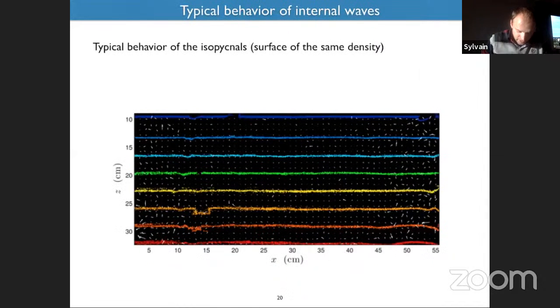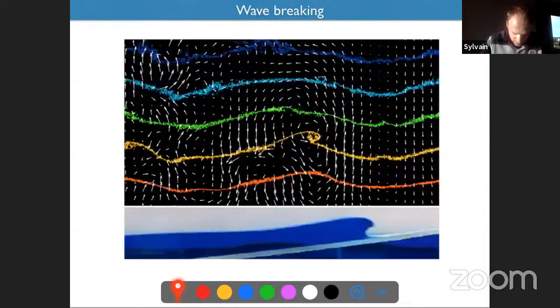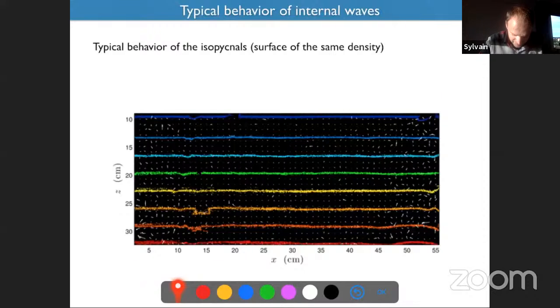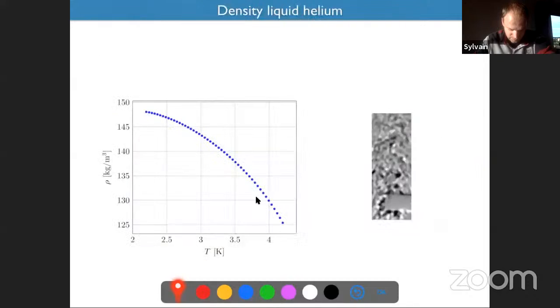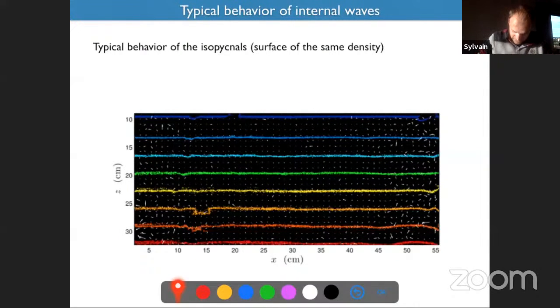And what you see, the movie is not working. Sorry. The movie was supposed to work. Okay. It's working on my computer, it's not working here.